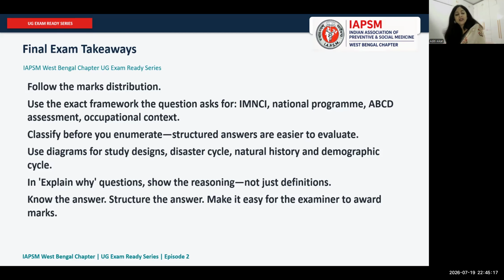In explain why questions, show the reasoning. Do not just define it and leave it there. Trust me, it won't get you anywhere. So know the answer, great. But structure the answer. Make it easy for the examiners also to award the marks. So it's a both-way traffic.